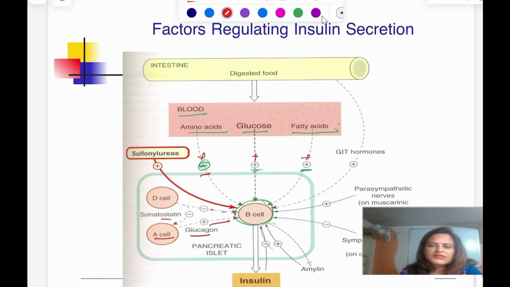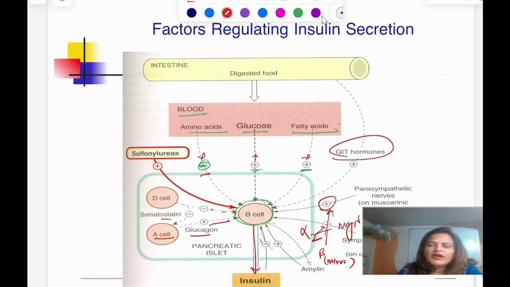Then comes the neural, the two main systems, sympathetic and parasympathetic. The parasympathetic nervous system is positive, it stimulates the beta cells and there is a release of insulin. Whereas the sympathetic, mainly alpha 2, is going to inhibit, whereas beta is going to stimulate, but beta is a minor action and this alpha 2 is a major action. Then GIT hormones also have a positive effect.